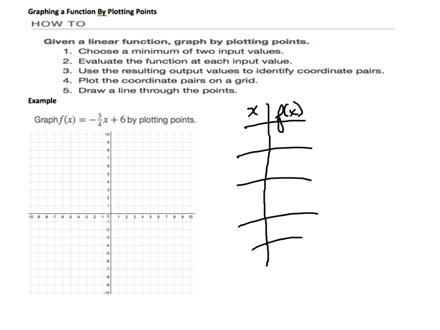And I'm going to choose these wisely because I'm multiplying by a fraction that has a 4 in the denominator. If I choose to plug in multiples of 4, then these will come out to be integers. So I'm going to choose to plug in negative 8, negative 4, 0, 4, and 8. And I'll show you what I mean. I'll work out f of negative 8 for you so you can see why I chose those.